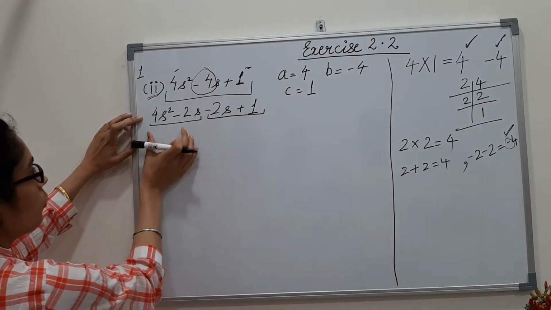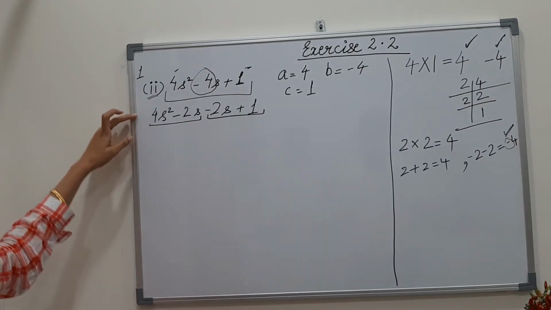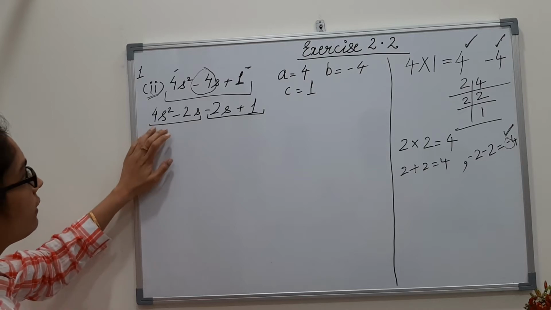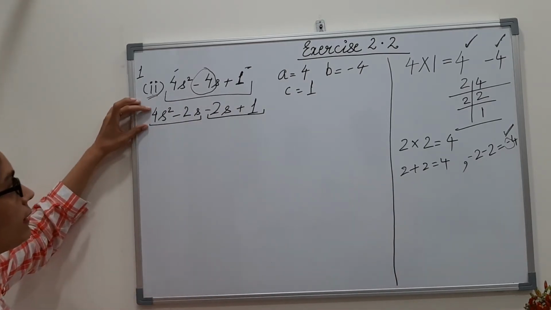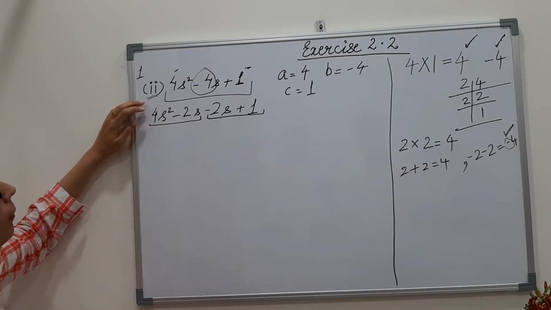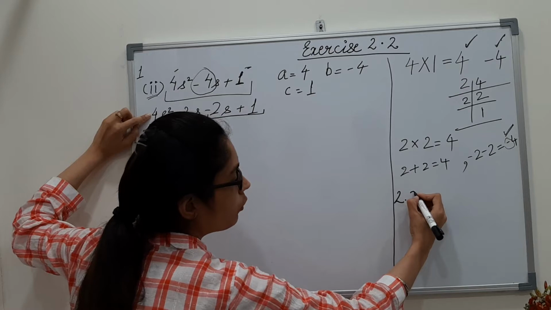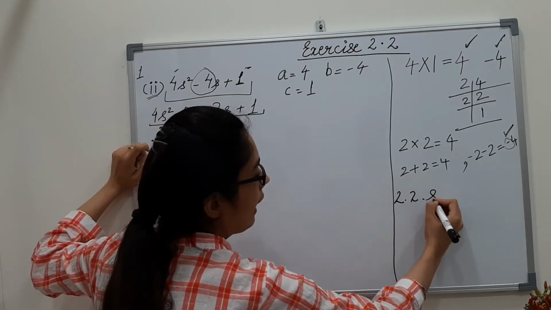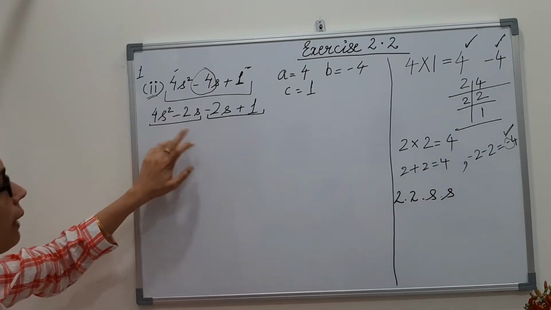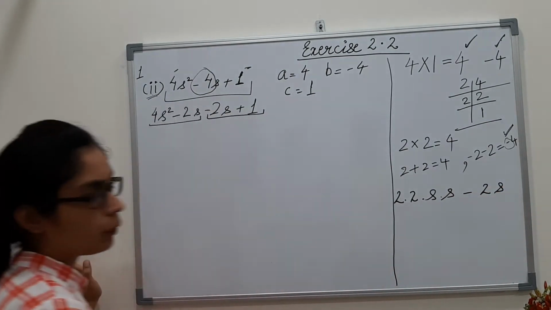We will make two pairs and then take common. For taking common, let's do that in the rough part. I will break this down into a simpler form. 4 I can write as 2 into 2, and s square I can write as s into s. Minus 2s stays as it is because it cannot be broken down.